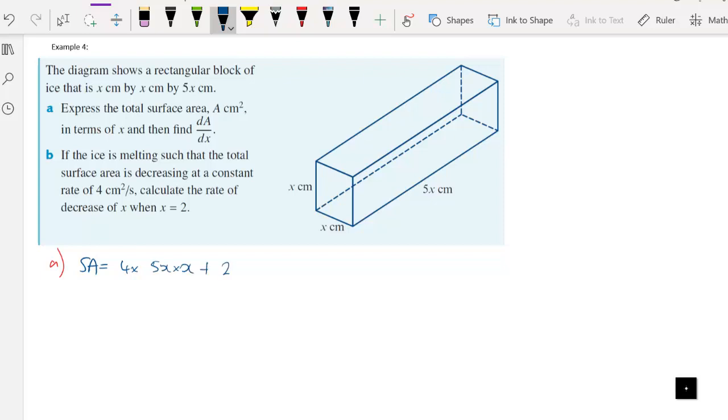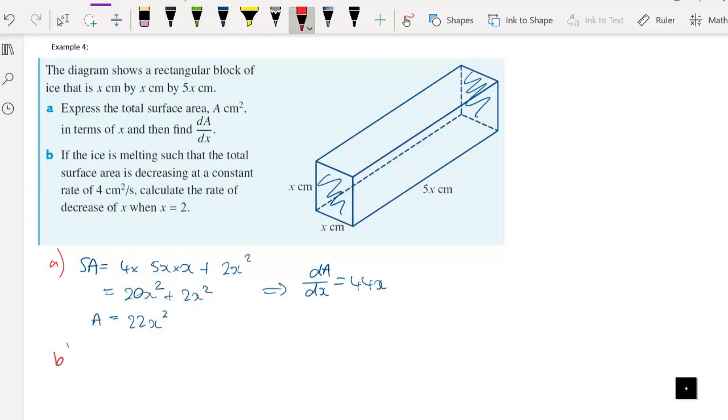And we've got 2 ends, so 1 end, 2 ends, and they will be x squared. So we've got 20x squared plus 2x squared, which gives us a nice easy 22x squared for our surface area. We'll call that A, because that's what they told us to do. And we'll then find dA dx, which ends up just being 44x.